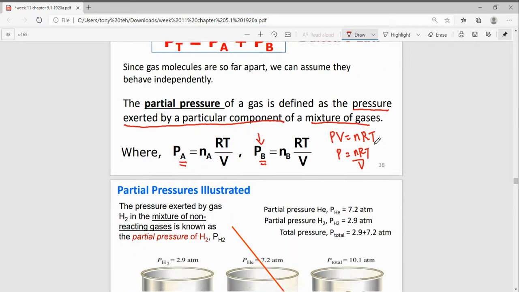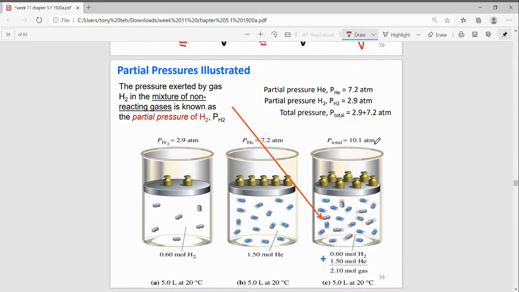Now let's move on. What do we mean by partial pressure? For example, in a mixture there are two types of gases, hydrogen gas and helium gas, and they are non-reacting gases. We name that the pressure of hydrogen.